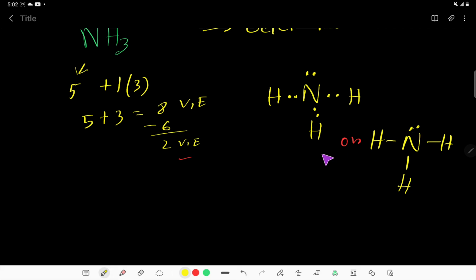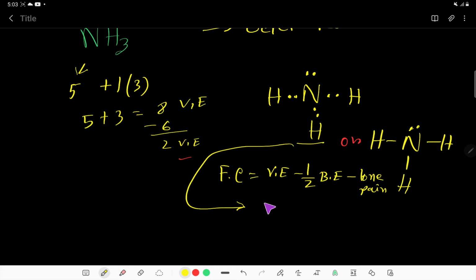Now I will talk about the formal charge for hydrogen and nitrogen. We know that formal charge equals valence electrons in the neutral atom minus half of the bonding electrons minus lone pair electrons. To find the formal charge of hydrogen, in a neutral atom of hydrogen we have 1 valence electron, minus half of bonding.